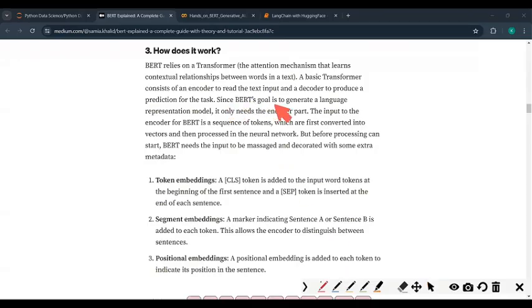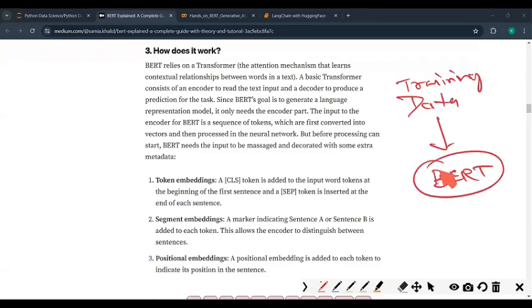Now, since BERT's goal is to generate a language representation model, it only needs the encoder part, right? So BERT is trying to create a language representation model, a language model. It is not trying to predict anything that frequently. So when you give training data to BERT, BERT says that I only require the encoder part.